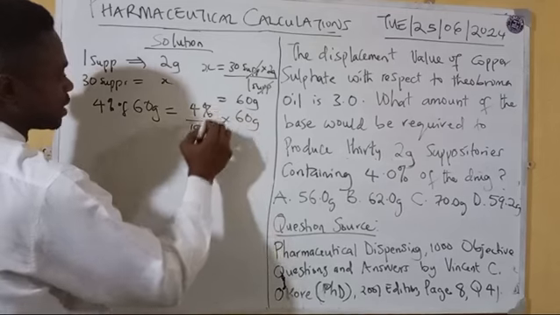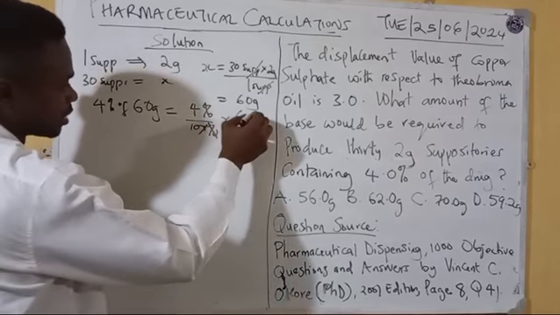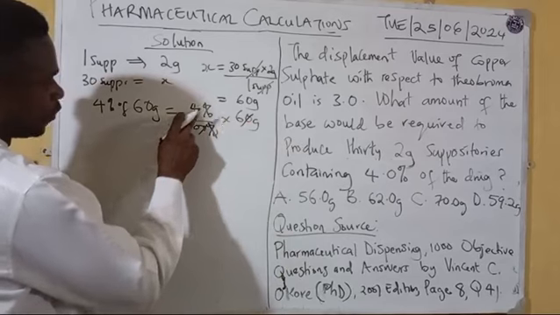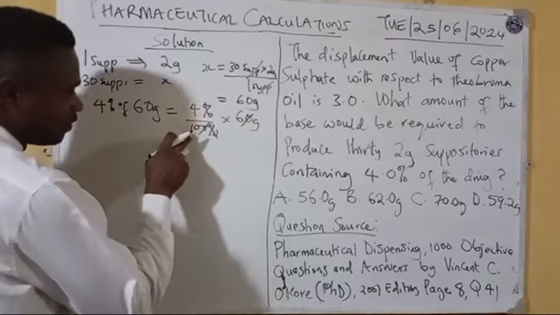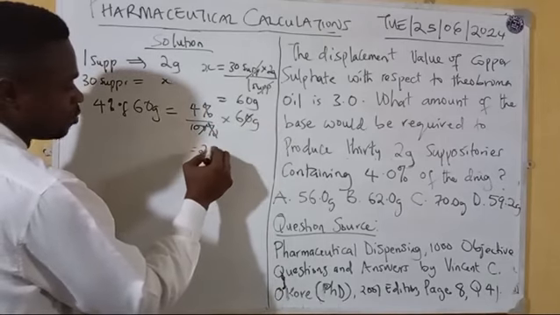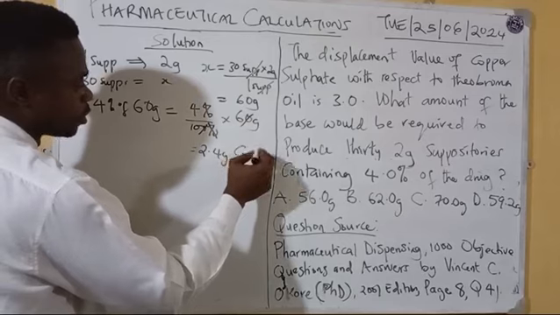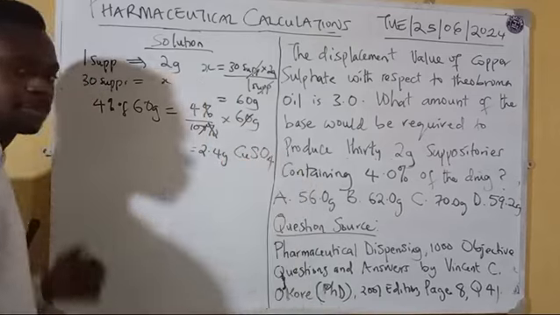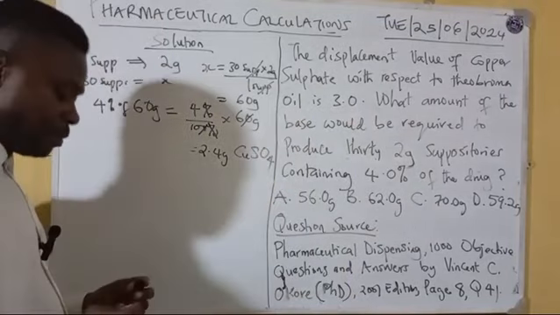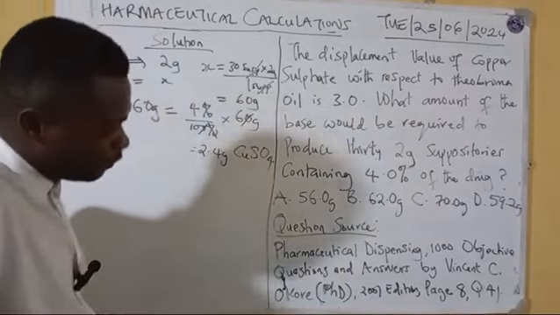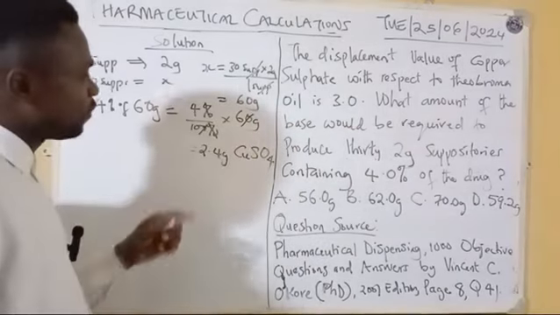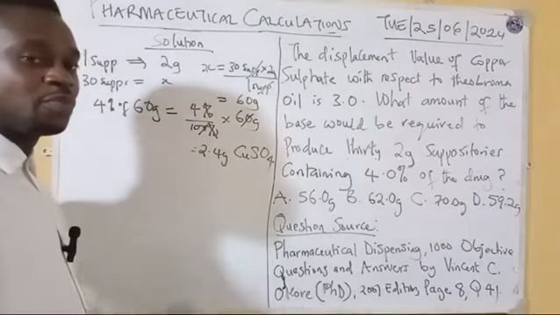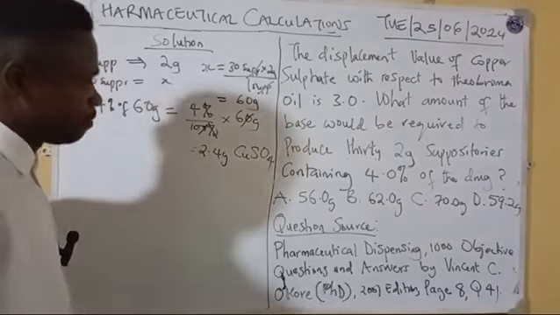Percent will cancel percent. 4 times 6 is 24. 24 divided by 10 is 2.4 gram of copper sulfate. So the amount of copper sulfate inside the 60 gram is 2.4 gram.